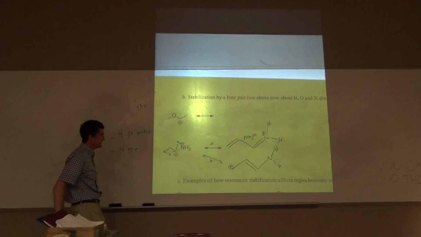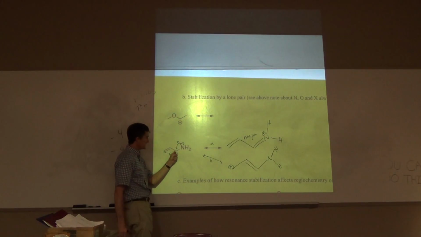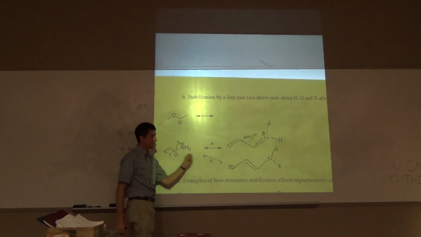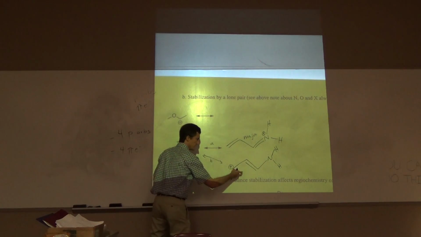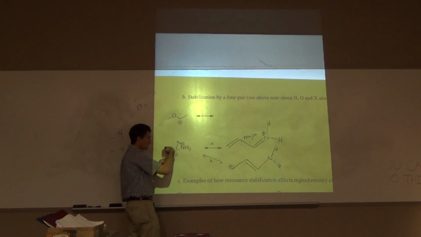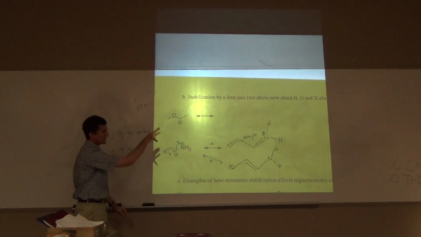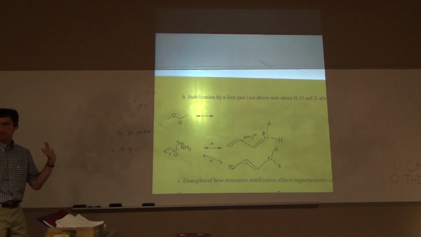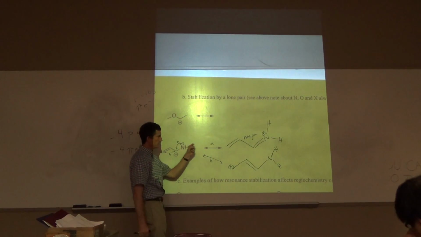It's maybe not a good question, because it's actually primary. I was thinking it might look like a secondary. They're both primary. It's hard to distinguish. But if this was primary and that was secondary, then you would say this one would be better than that one, and that one maybe would be worse. They're both primary. I'm just going to call that one major and say the other two are minor compared to that one. So the charge actually sits more on the nitrogen.